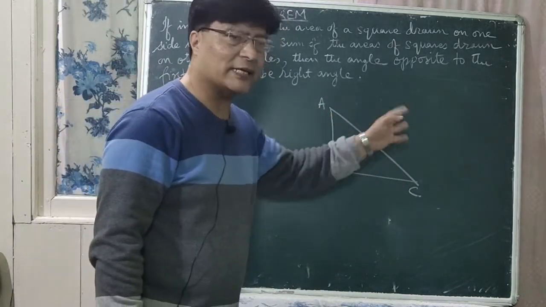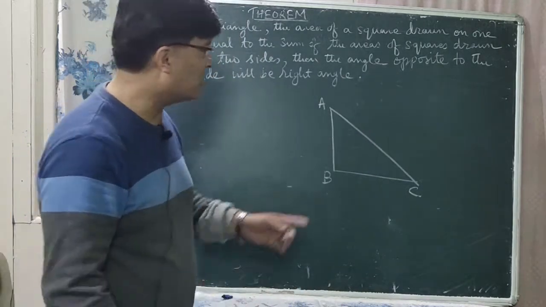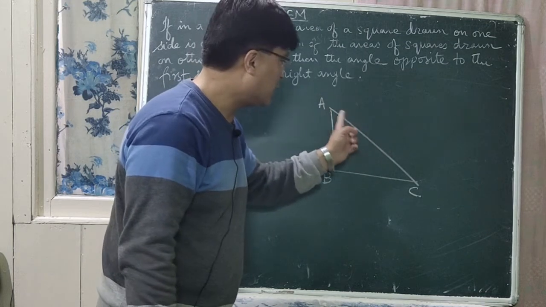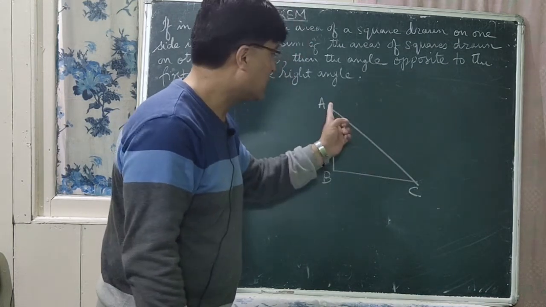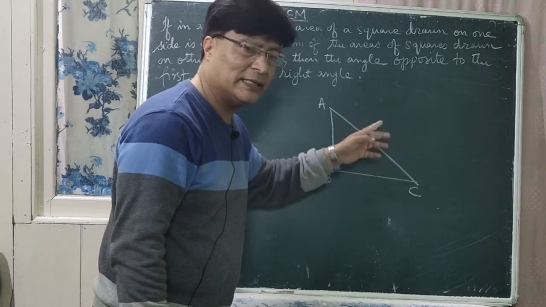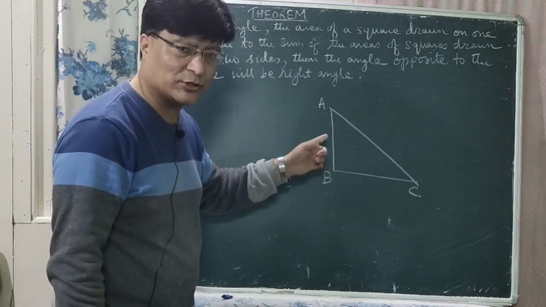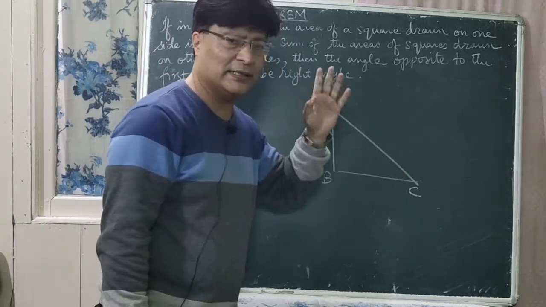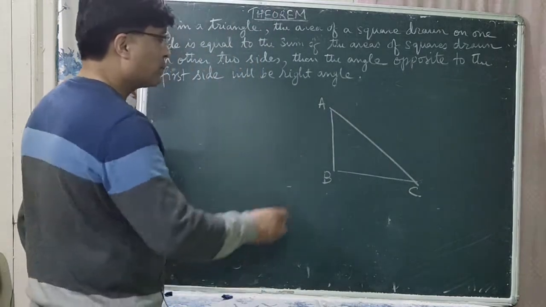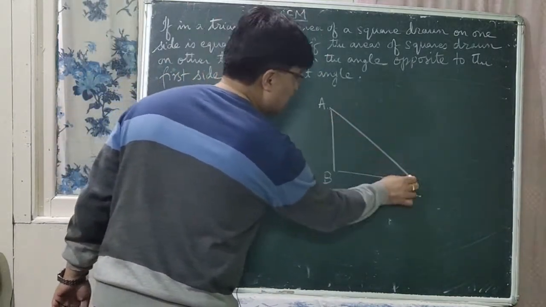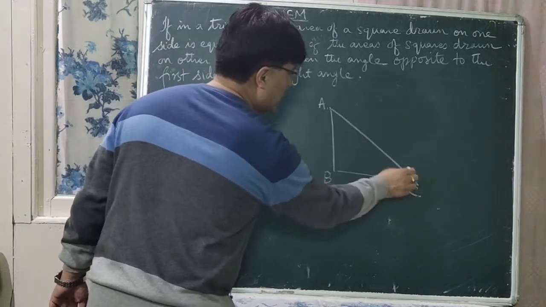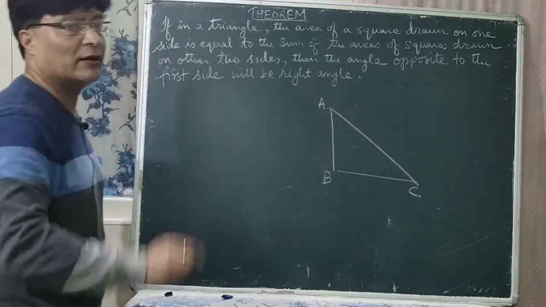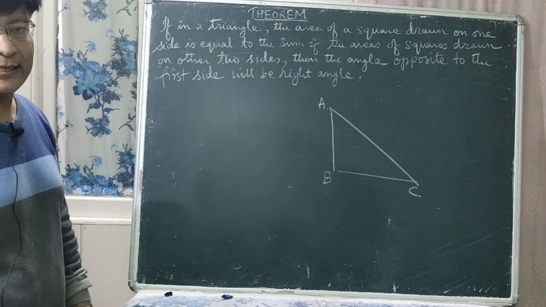It is given that the area of the square on the one side, that is AC, is equal to the sum of the areas on the other two sides, that is AB and BC. You have to prove that the angle opposite to the first side AC, this angle B, is a right angle. That is, angle B is equal to 90 degrees.